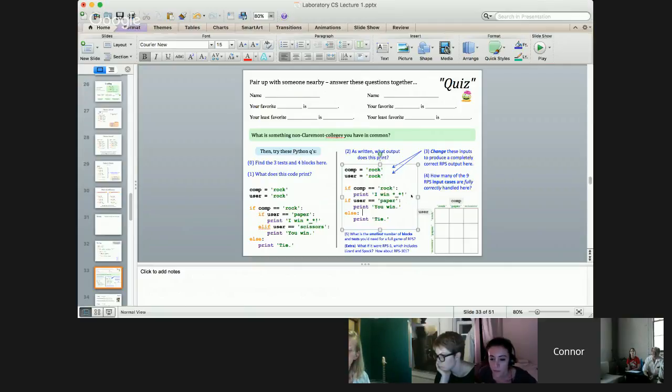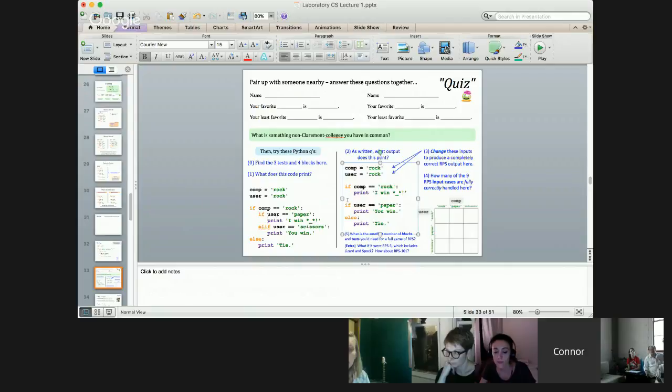So this is a tricky question. I think Connor and Adam ran into this as well. This if doesn't have an else statement attached to it. It's saying if comp is equal to rock, print I win. It just does that, whether it's correct or not.